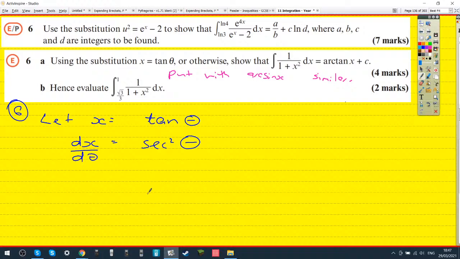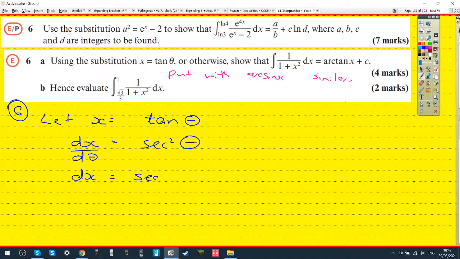They give it to you for a reason. Imagine you spent a long time trying to. I don't know how you'd do quotient rule for integration, but I don't think there even is. Oh, I'm sure there is, but I don't know it. Okay, and so now dx equals sec squared theta d theta.